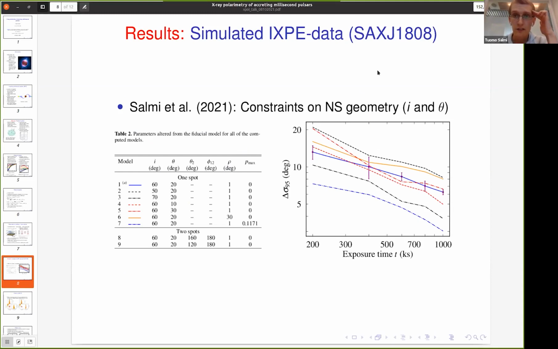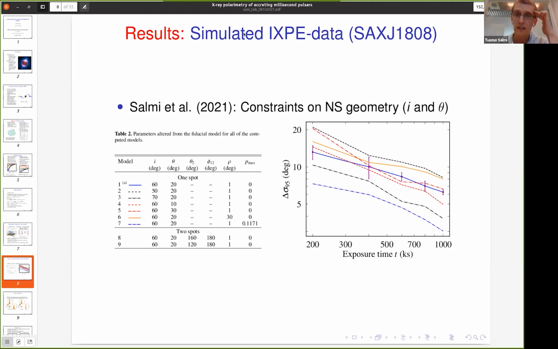So in this work, we tried to estimate how accurately we can measure observer inclination and spot colatitude as a function of the exposure time of IXPE, using a source similar to SAX J1808. And assuming different setups for the model.